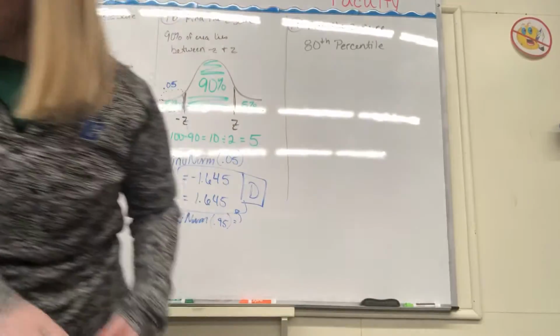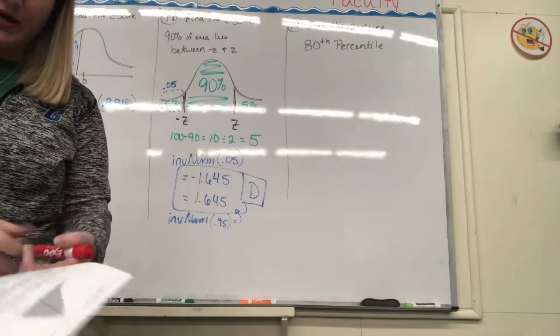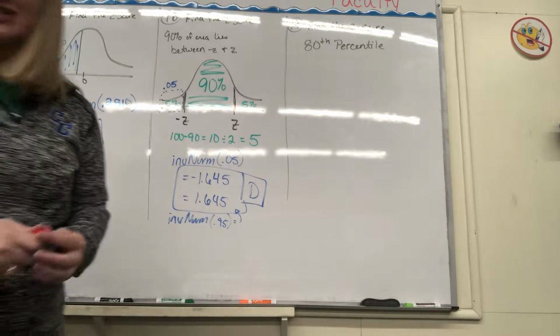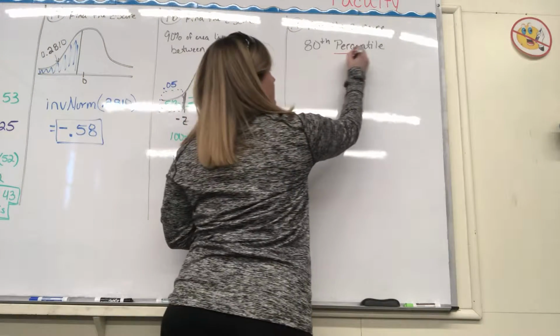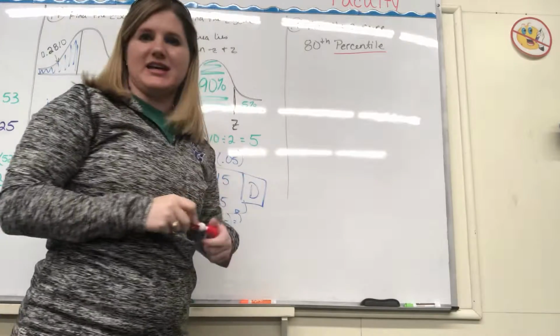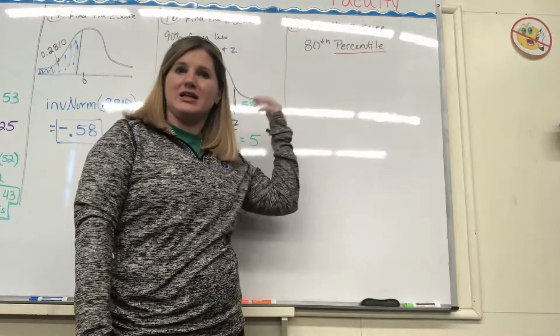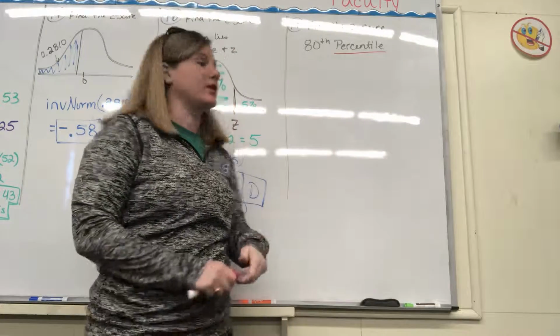We are on number 19. Use a standard normal table to find the z-score that corresponds to the 80th percentile. Whenever we see the word percentile, all that is telling us is how much information, whatever we're looking at, is to the left or below that one spot, okay?